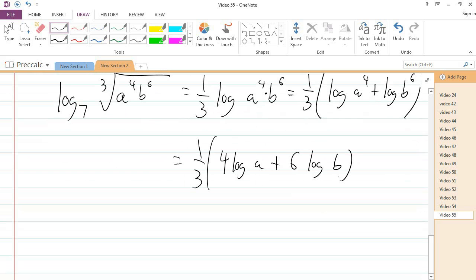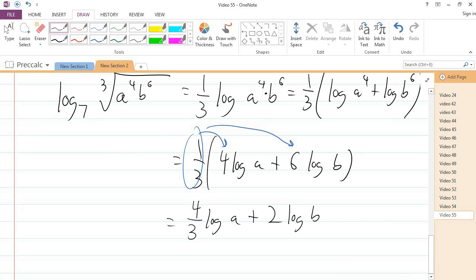And I can also distribute the 1/3 so that I get 1/3 times 4 and 1/3 times 6. Oh, and these are all with 7 as a base. I left that out. Okay, there we go.